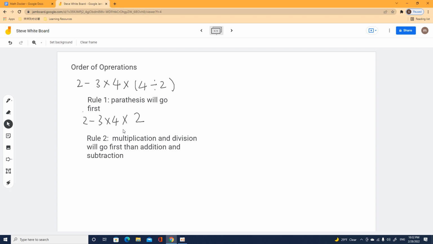When there is multiplication and subtraction, we need to calculate the multiplication first.